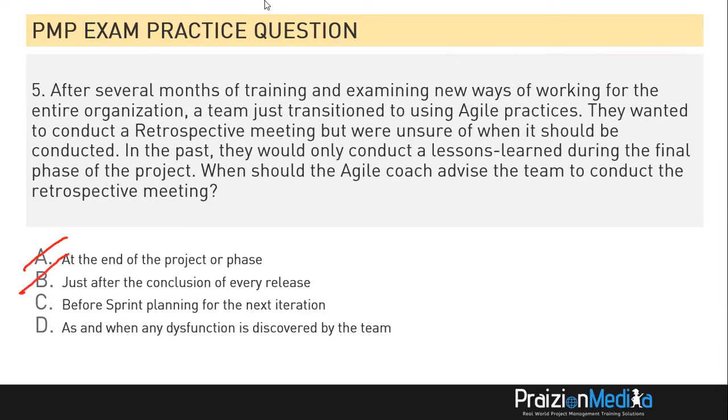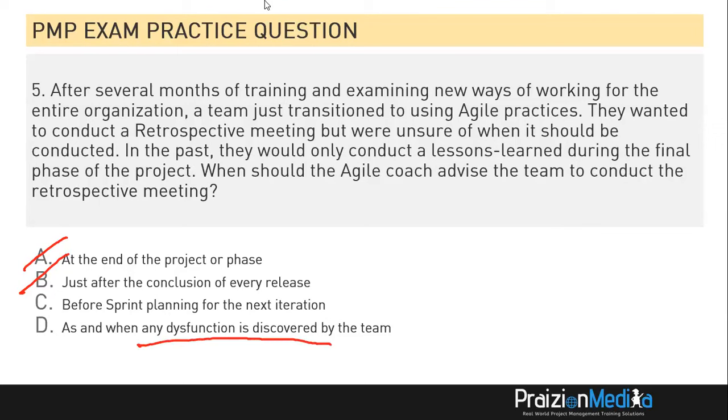It boils down to C and D. Before sprint planning for the next iteration. That's plausible because the retrospective in the world of Scrum happens at the end of the sprint. D, as and when any dysfunction is discovered. Wow, that's going to be a whole lot of retros, possibly.